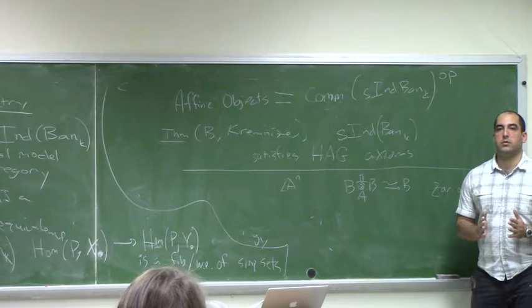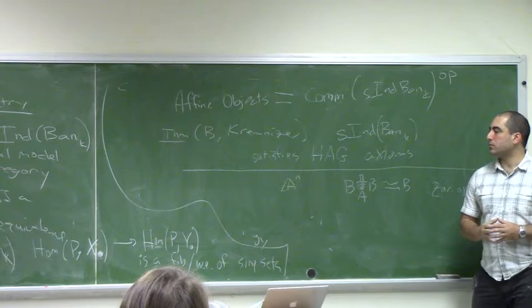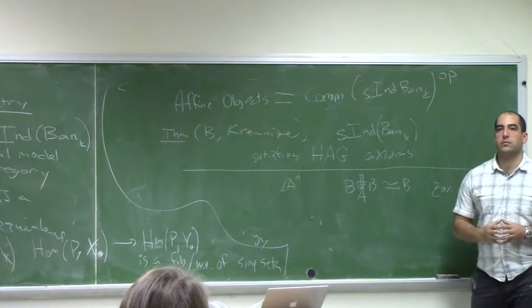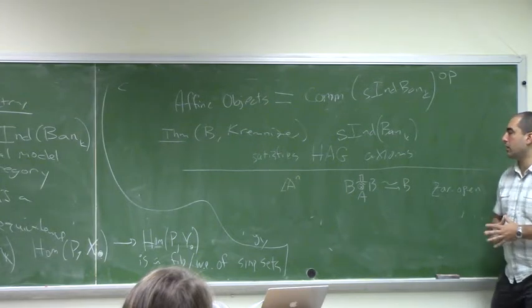So that would imply this finiteness? No, that's just going to tell you that the cotangent complex satisfies descent in your topology. It's not going to tell you that it's perfect under some condition.